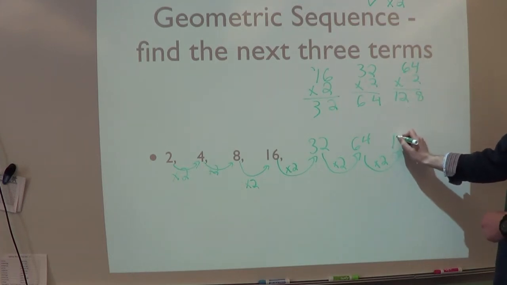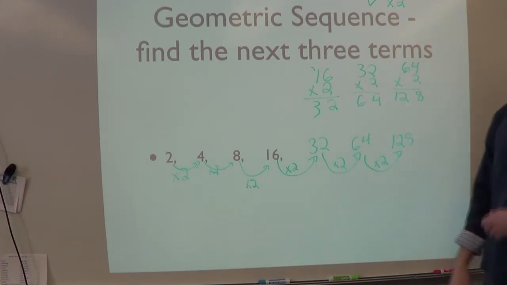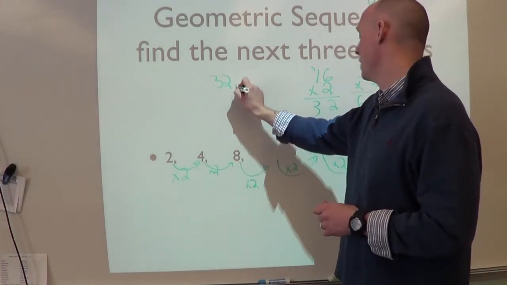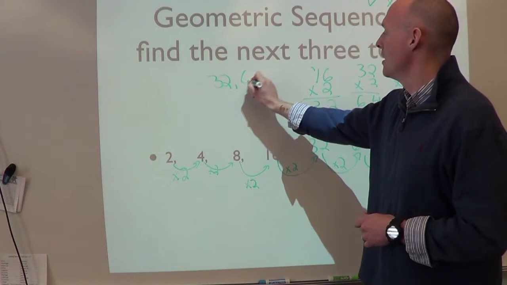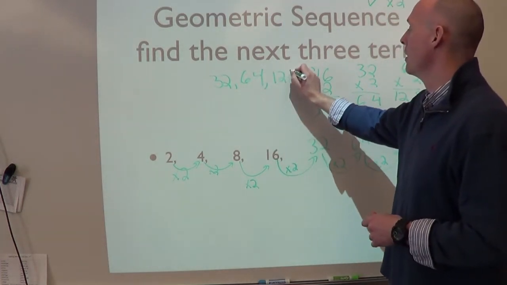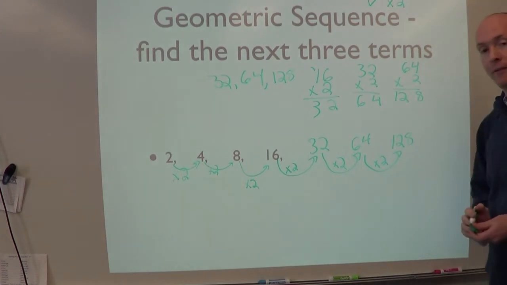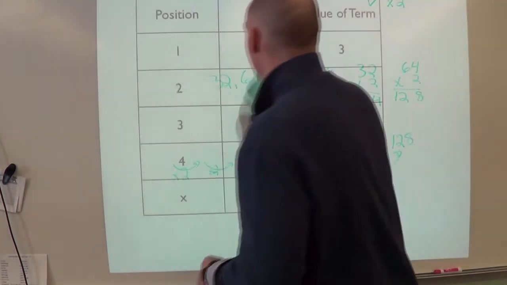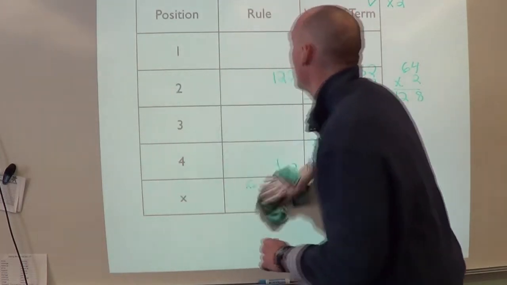And we are at 128. So our next three terms are 32, 64, and 128. Perfect. Now, next what we have to do is figure out our rule.